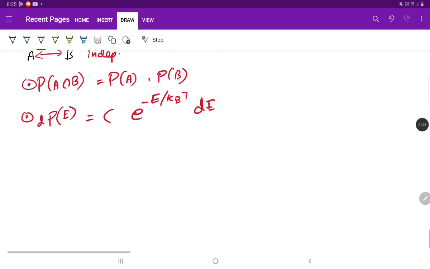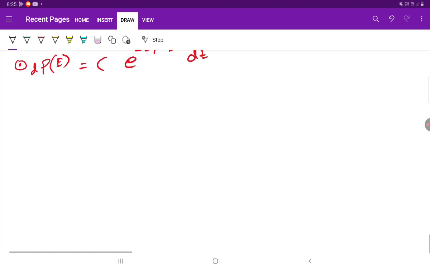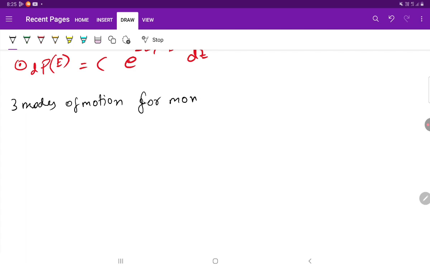So let's begin our journey of deriving the Maxwell-Boltzmann equation. First, we'll explain that there are three modes of motion for a monoatomic gas, that is along the x-axis, y-axis, or z-axis.